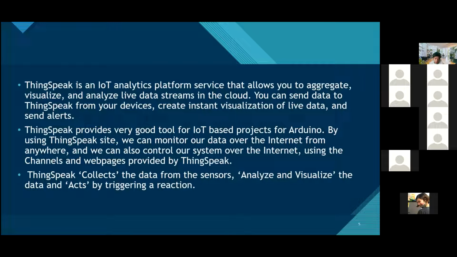So ThingSpeak collects the data from the sensors, analyzes and visualizes the data, and acts by triggering a reaction. It is a very good tool for IoT-based projects for Arduino. By using the ThingSpeak site, we can monitor our data over the internet from anywhere. And we can also control our system over the internet using channels and web pages provided by ThingSpeak.